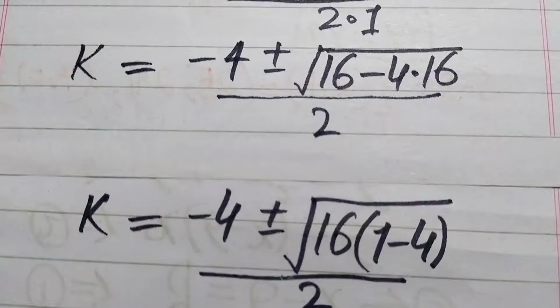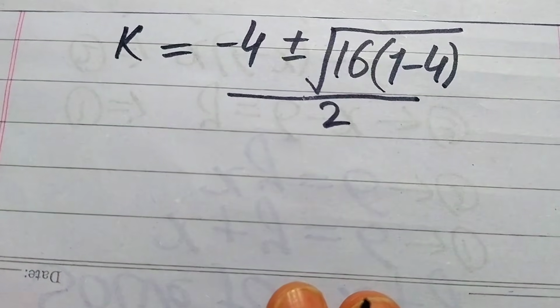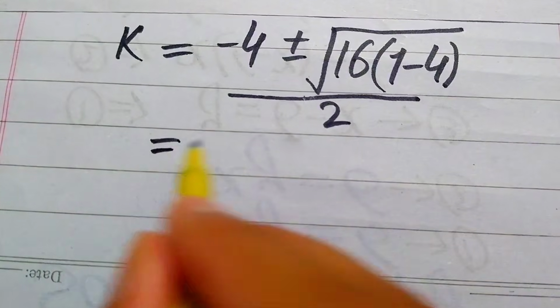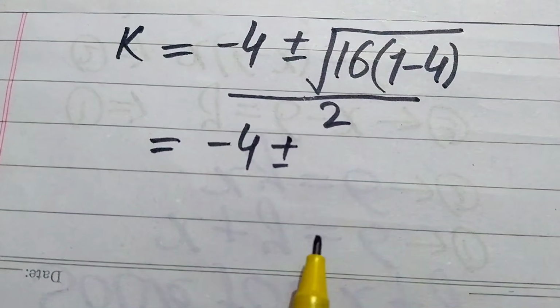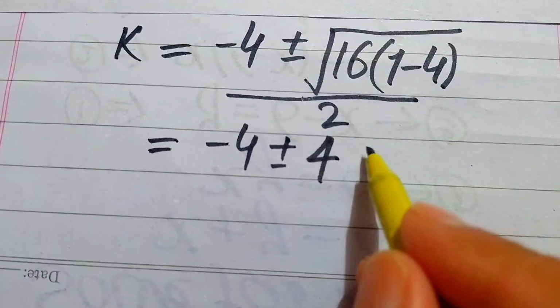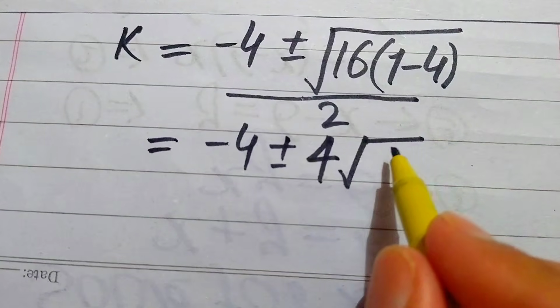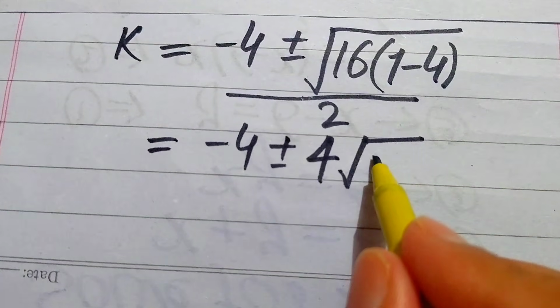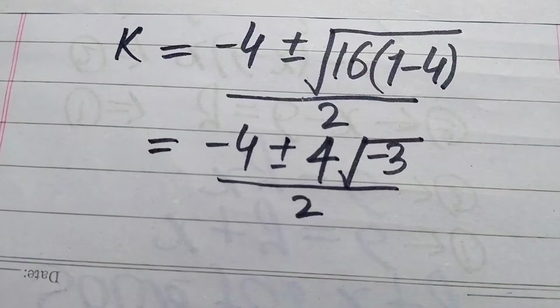Applying the square root on both values, the square root of 16 becomes 4 times the square root of 1 minus 4, and 1 minus 4 becomes minus 3, divided by 2.